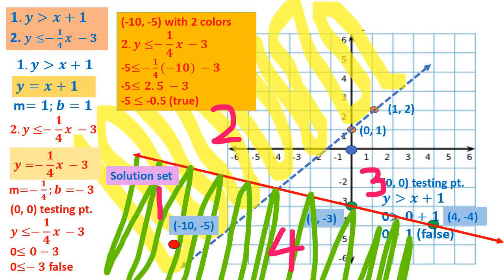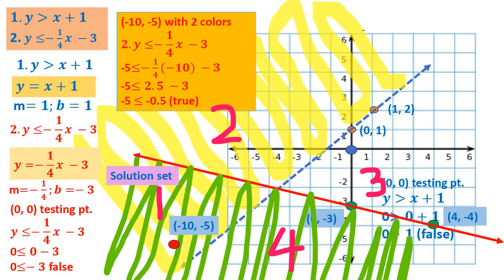So it's true. We will not say that the region where the two colors are there is the solution set if the point does not satisfy the two inequalities. So let us try to check using the second inequality, which is y less than or equal to -1/4 x minus 3. So the -5 will be substituted to y, and x is -10: -1/4 times -10 minus 3.